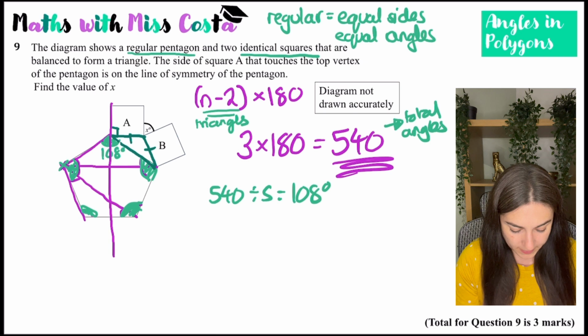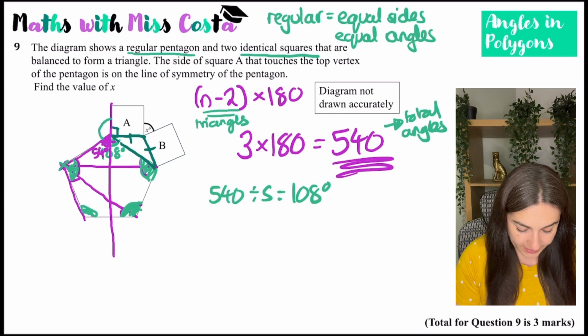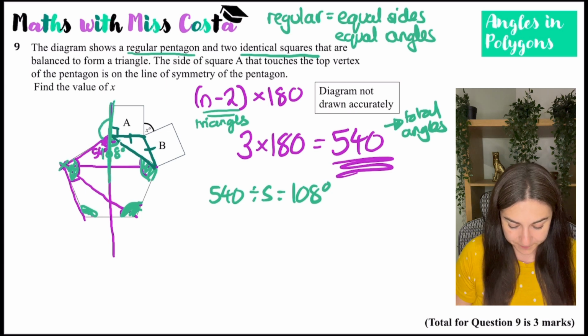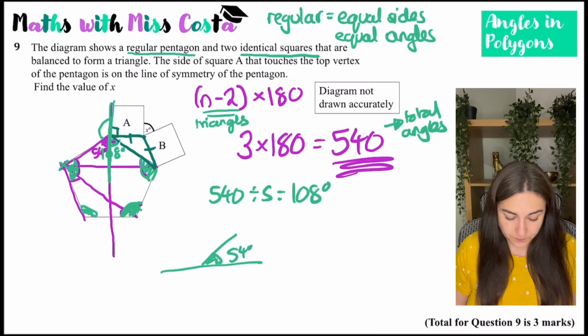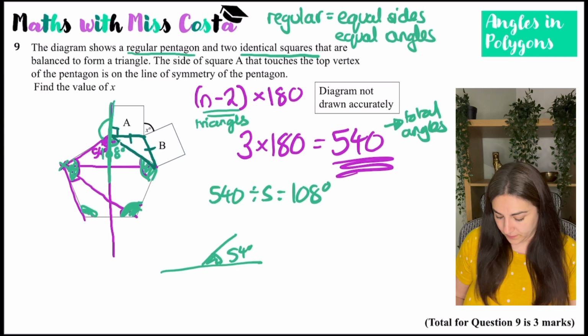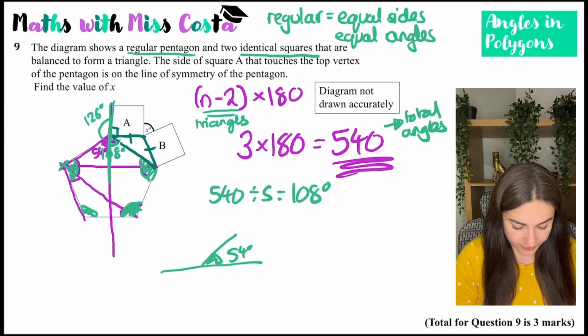So therefore, half of this angle, half of 108, is 54 degrees. So I could use that to figure out what this angle here is, because this is a straight line. So if you just visualized it like that, 54 degrees here, and 180, take 54 is 126. So I know that this angle here is 126.